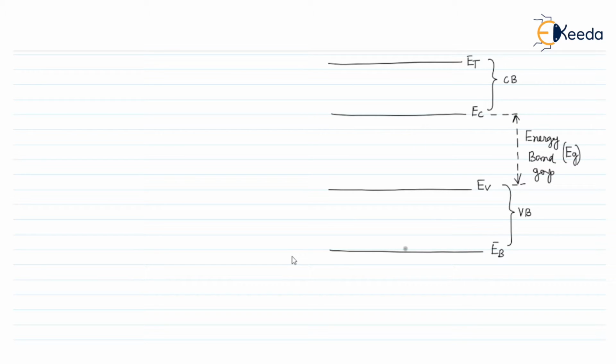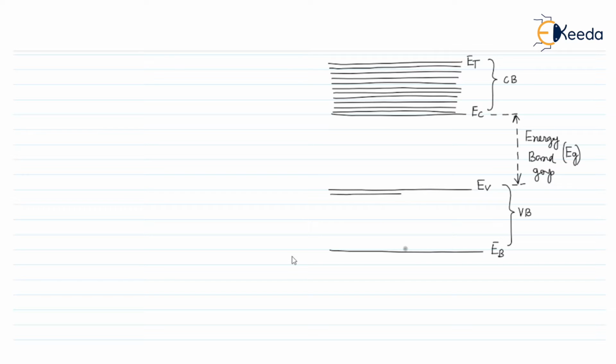Now there will be several discrete energy levels inside the conduction band. Similarly, in the valence band there will also be discrete energy levels.